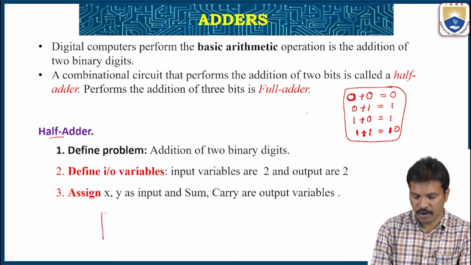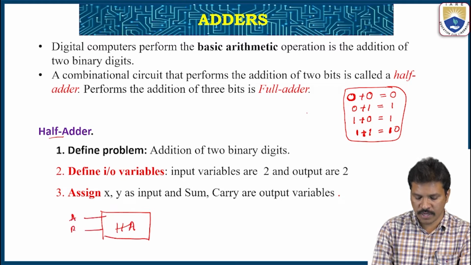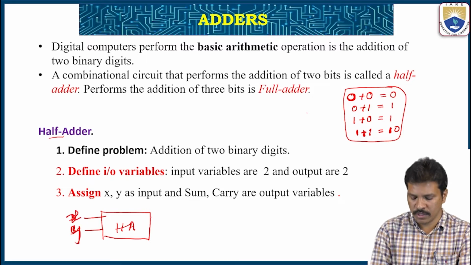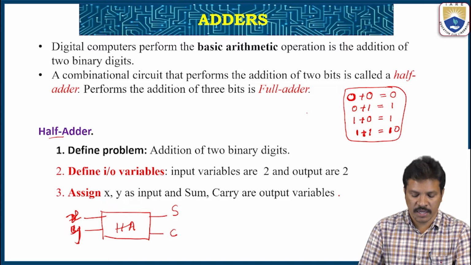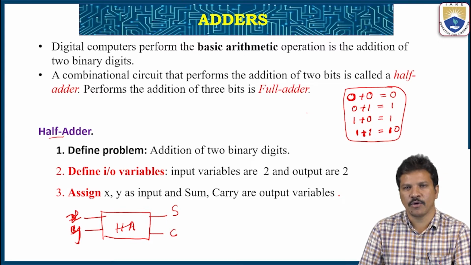A, B are the inputs, or X, Y are the inputs. X and Y are the inputs; sum and carry are the outputs.